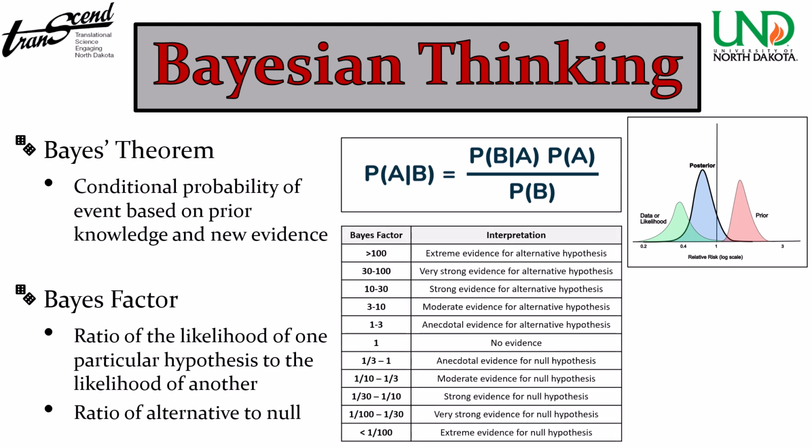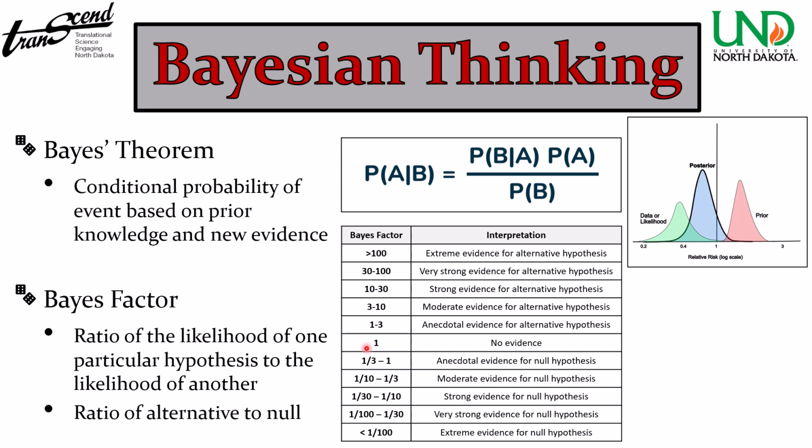You can have a table of different Bayes factors to help give you interpretations. It's not quite like p-values, but it's measuring how much evidence there is for whatever hypothesis you're testing. Because this is a ratio, at 1 the likelihood of the alternative is the same as the null.